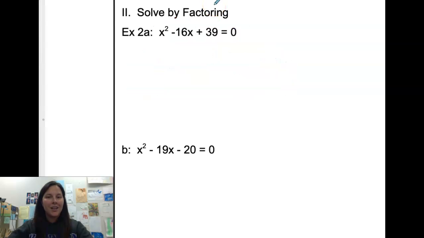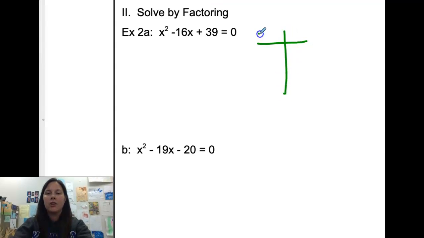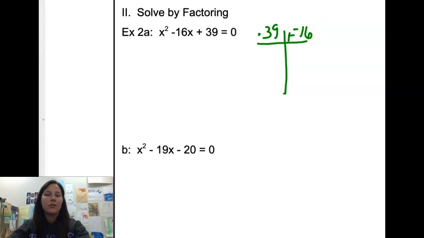Now we're going to apply our factoring skills to solve our quadratic equation. So we have to get it into the parentheses first, then we can set each piece equal to 0. Starting by setting up our t-chart, we're looking at what multiplies to 39 and adds to a negative 16. Well, the only numbers that go into 39 are 1 and 39, and 3 and 13.